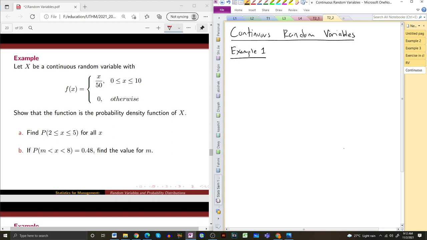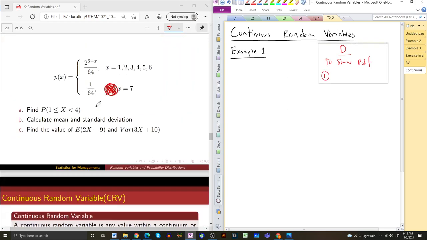Example 1. Show that the function is a probability density function. Remember for discrete, to show it is a probability distribution function, you need to prove two things. Let me recall back.